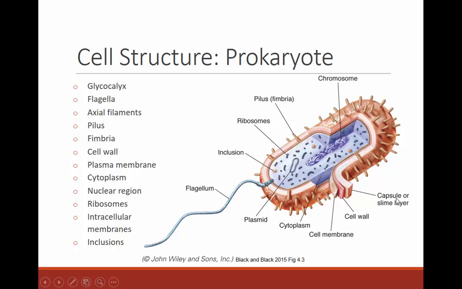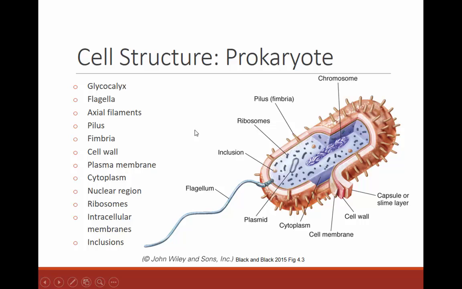Typically it could be a capsule or a slime layer, depending on how closely linked it is to the cell wall. Then we've got the flagella, or the flagellum. You can see that it's got like an anchor here, and that spinning motion allows the flagellum to move and the cell to become motile.